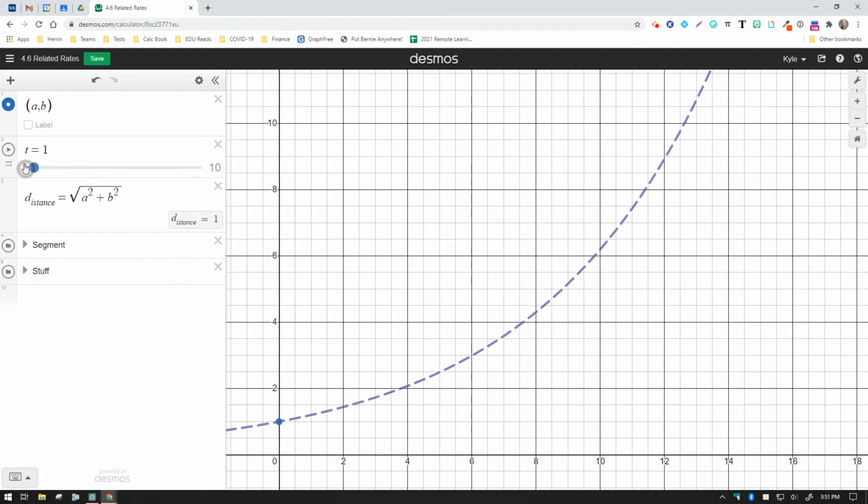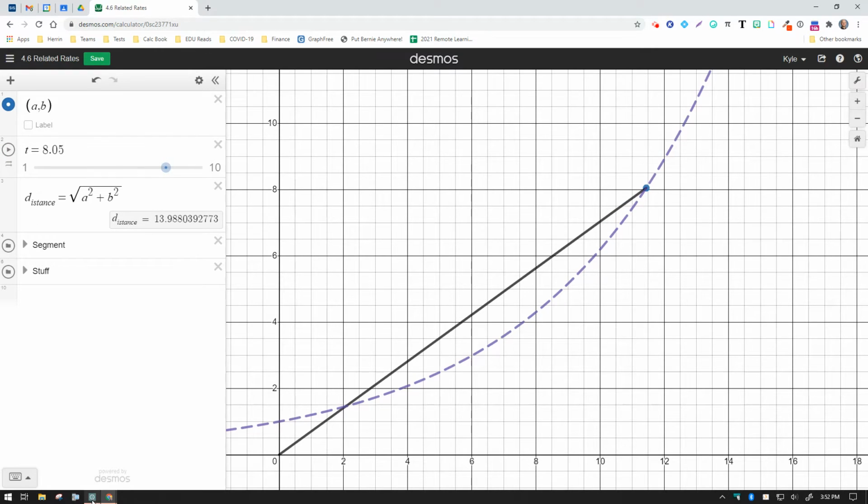And then now let's start this one more time. Watch how quickly it grows at the beginning of this interval. That segment gets pretty long quite fast, and then after t gets to around 5, the length of that segment slows down quite some time.